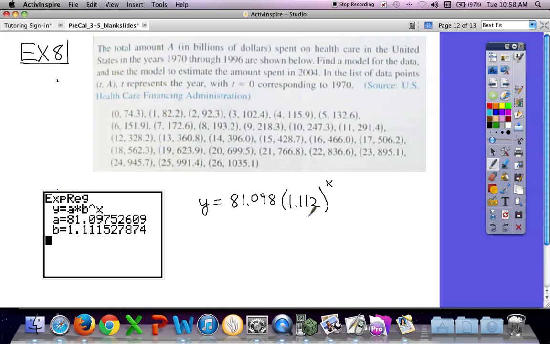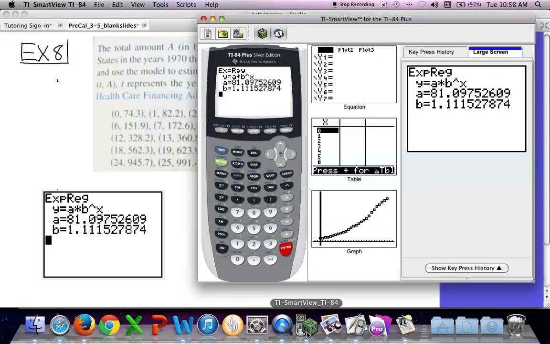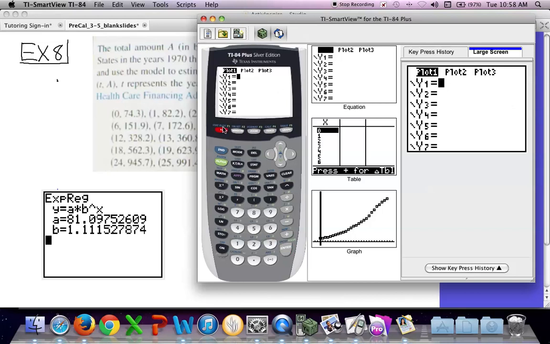So then I did stat, calc, and I found the exponential in the list, and I came up with this information right there. Now, let's go back to the calculator, and this time I'll just enter it in, just so if that's what you're going to end up doing, you can see. It would be 81.1 times 1.11. I think I actually did 1.112 to the x.